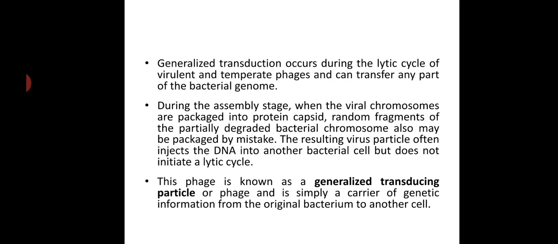The resulting viral particle often injects the DNA into another bacterial cell but does not initiate a lytic cycle. This phage is known as a generalized transducing phage or generalized transducing particle and is simply a carrier of genetic information from the original bacterium to another bacterial cell.